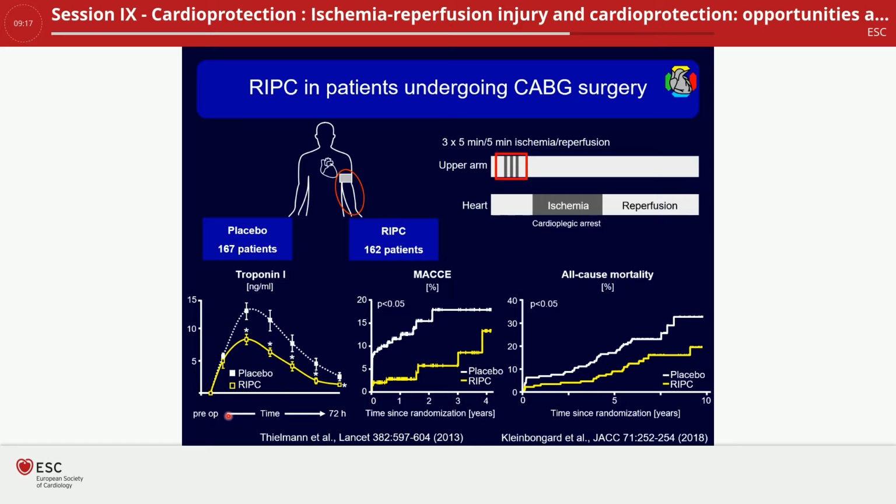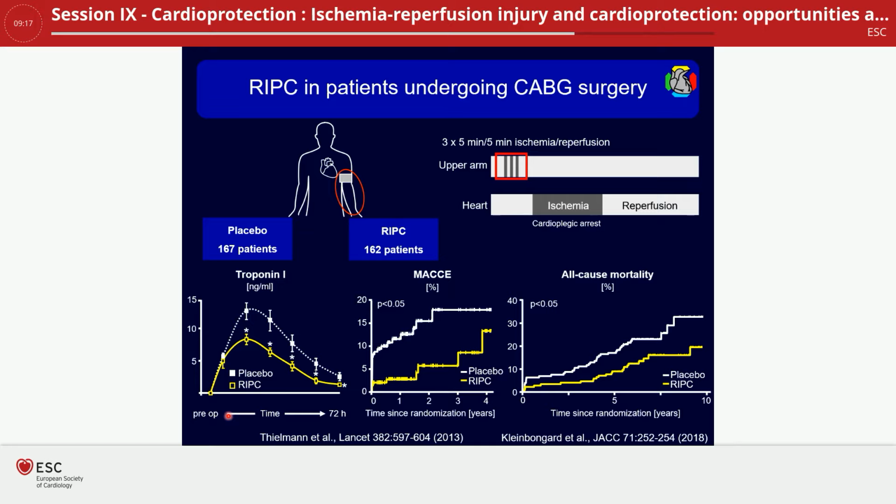And in the original paper in 2013, we showed that the complication rate, the major adverse events, were reduced over a 4-year period. And my collaborator Petra Kleinbongard just published a reanalysis where patients had been observed over 10 years with a 99% follow-up.